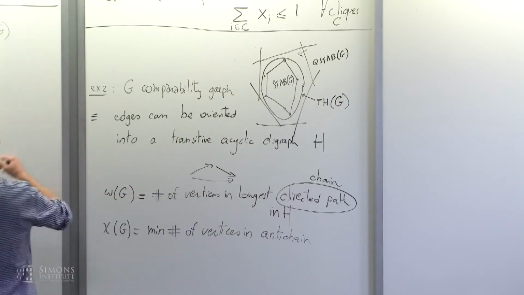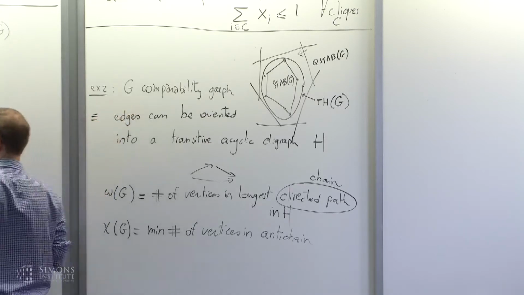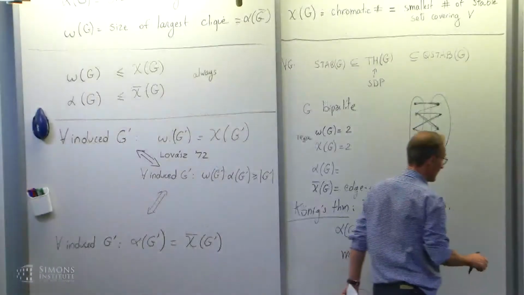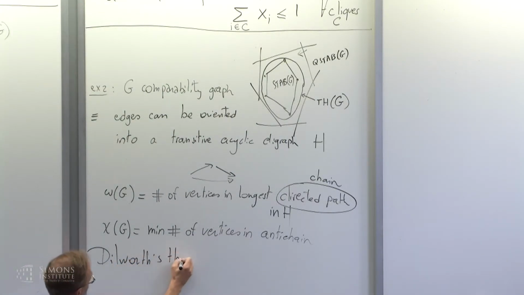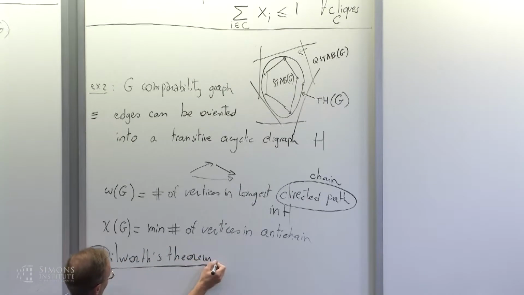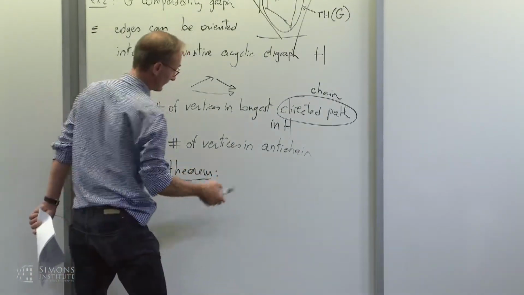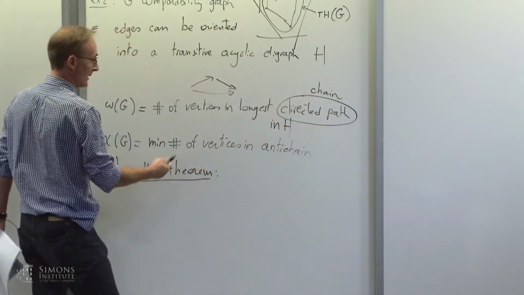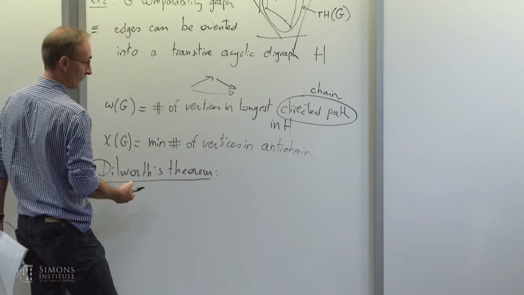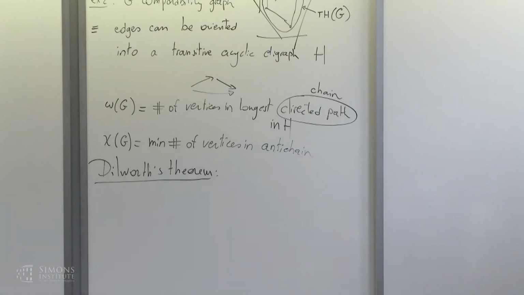And so we have indeed that comparability graphs satisfy this at equality because of Dilworth's theorem. So Dilworth's theorem says that you have equality, so that for any digraph, the largest chain is equal to the, no, what did I write?